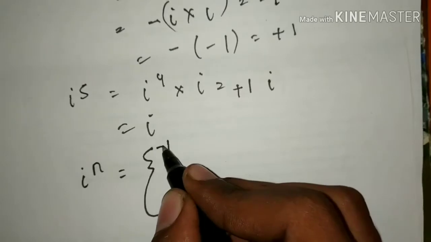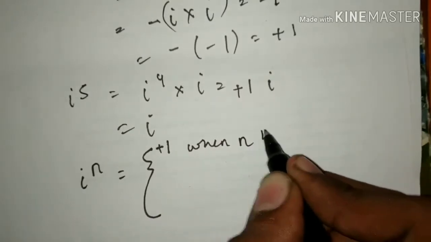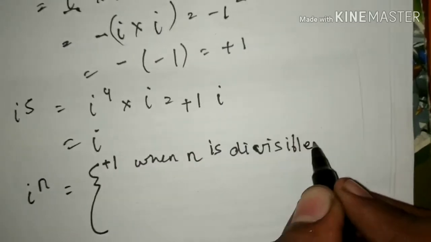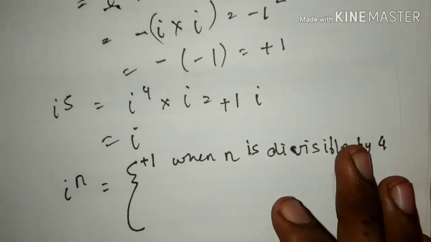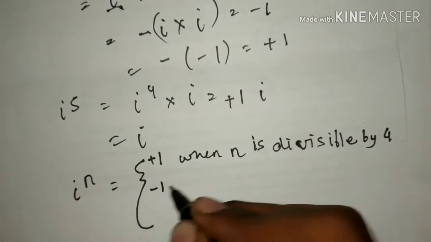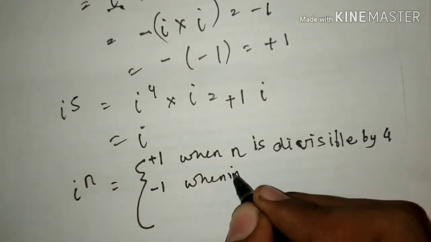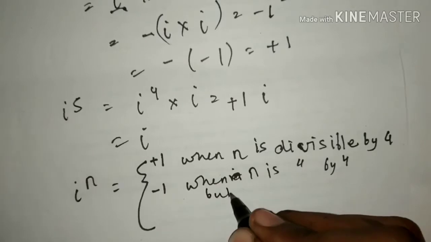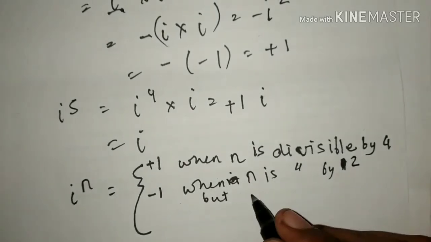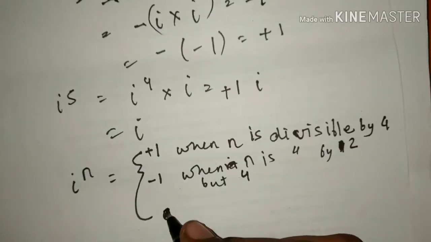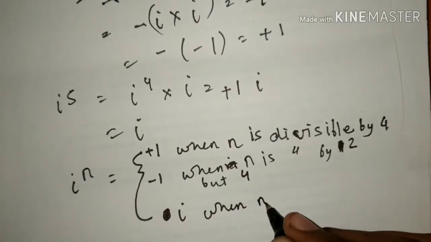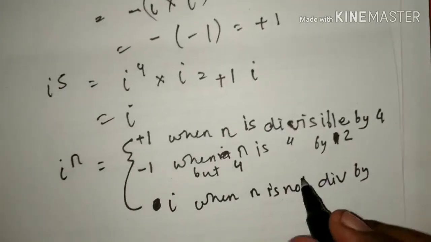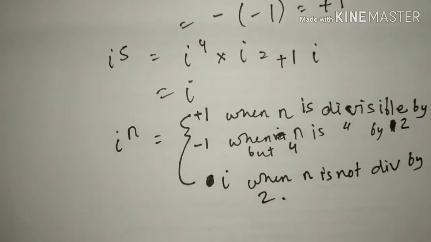It is +1 when n is divisible by 4, -1 when n is divisible by 2 but not 4, and it is i when n is not divisible by 2, that is n is not an even number, n is an odd number.